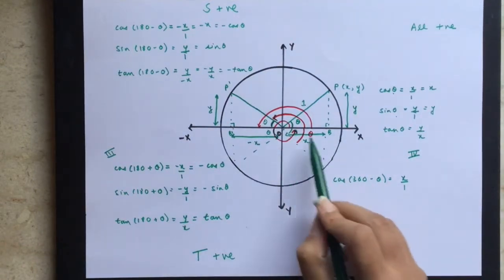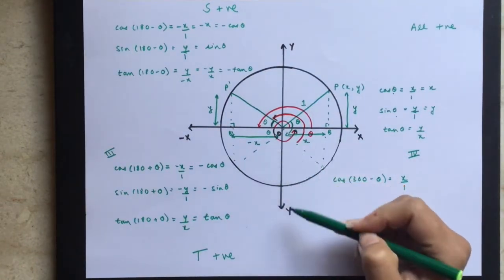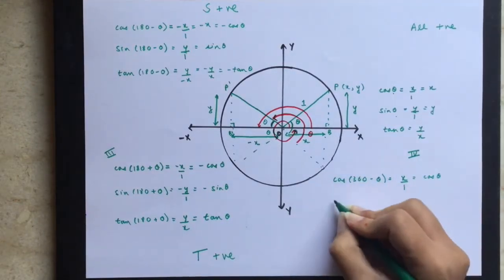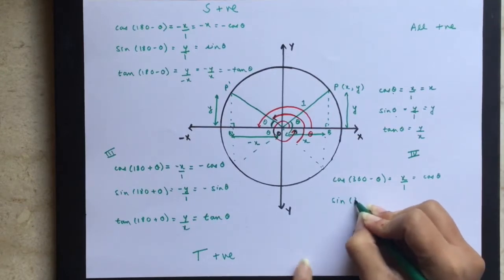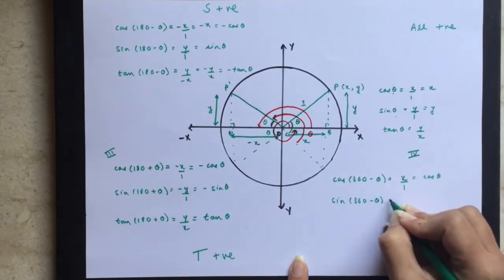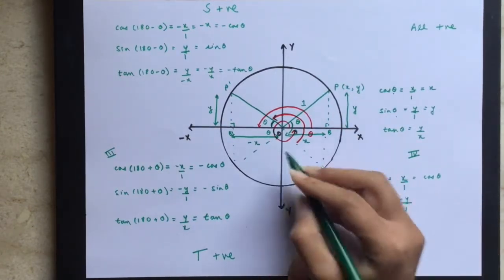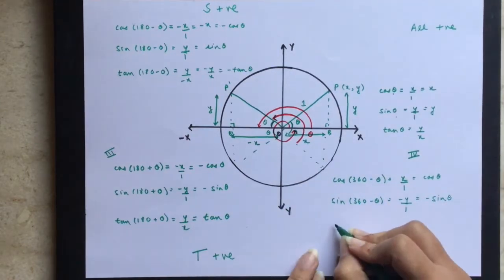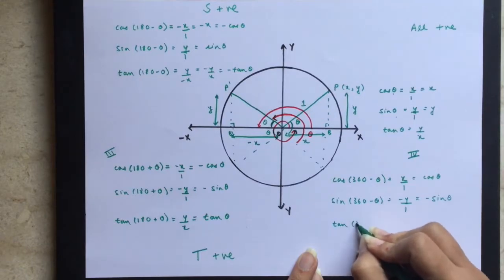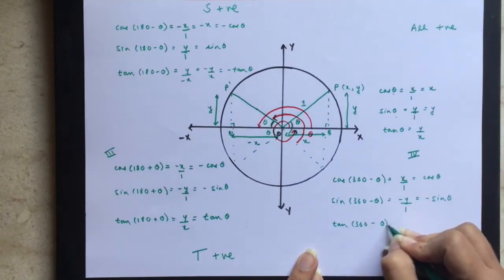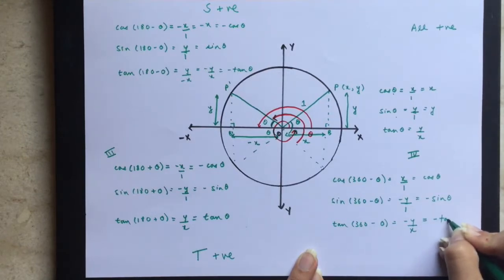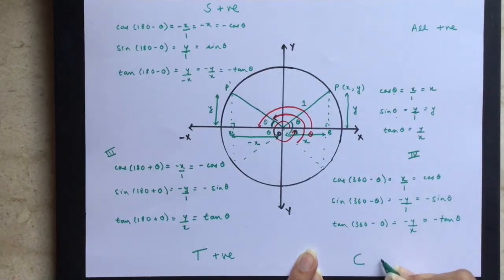Because in the fourth quadrant, x's are positive and y's are negative, which gives us plus cos theta. Sine of 360 minus theta gives us minus y by 1 because we know y's are negative, which is minus of sine theta. And finally, tan of 360 minus theta is minus y by x, which is minus tan theta, which gives us cos to be always positive.